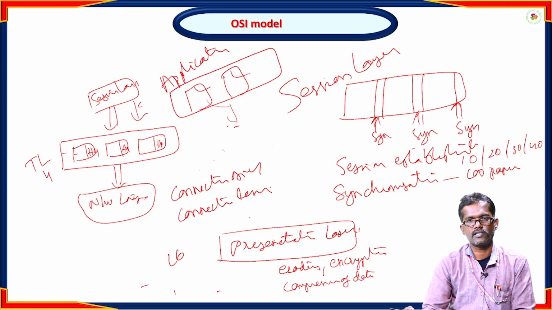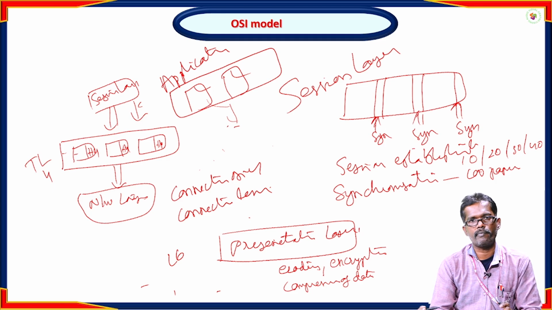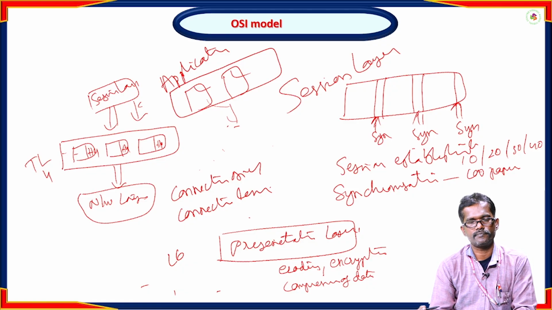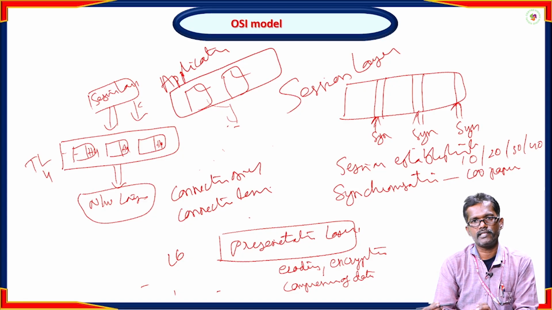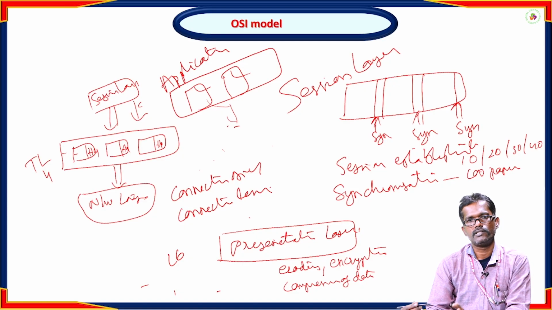We also have another model, the TCP/IP reference model. In the TCP/IP reference model, we have reduced the 7 layers into 5 layers, or 4 layers. The top 3 layers, application layer, presentation layer and session layer, are combined into a single layer, the application layer. The last 2 layers, physical layer and data link layer, are combined to form the network access layer. So the layers in the OSI model are reduced to 4 or 5 in the TCP/IP model.